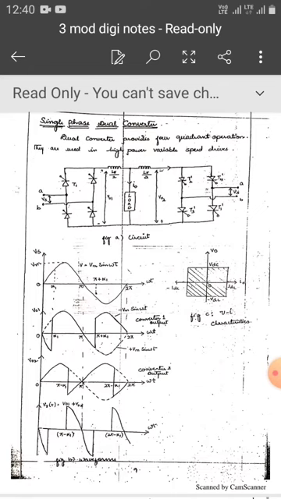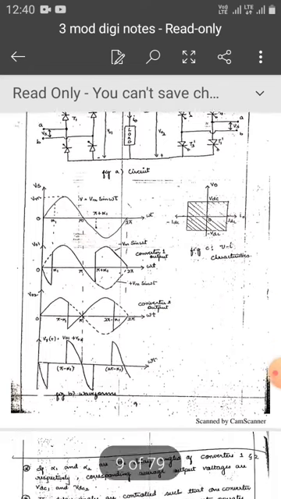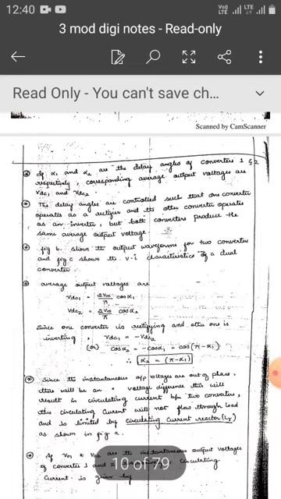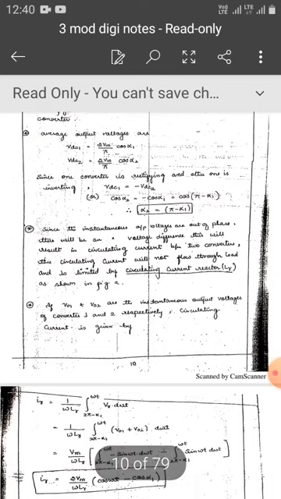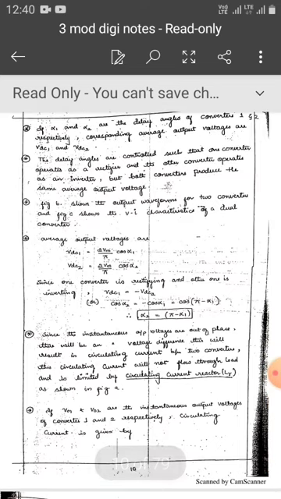Hence their average values are given as VO1 average equal to 2 Vm divided by pi into cos alpha 1, and VO2 average equal to 2 Vm divided by pi into cos alpha 2. Since one converter operates in rectifying mode and the other in inversion mode, their average values must be equal and opposite in sign.